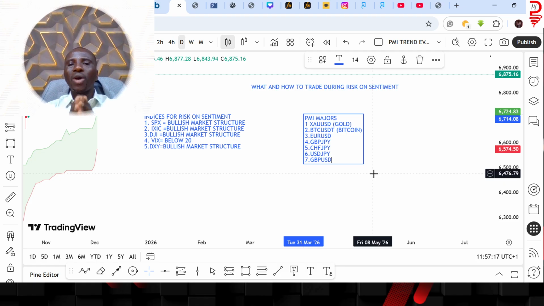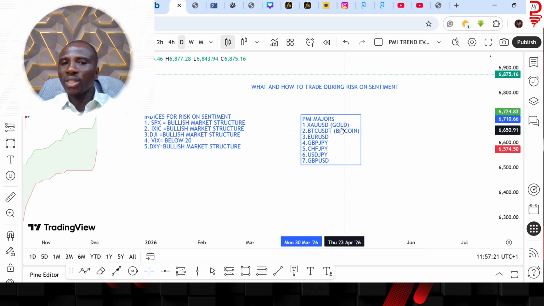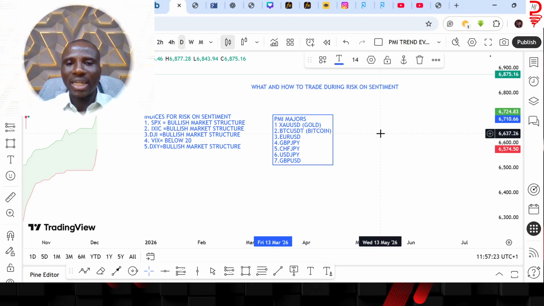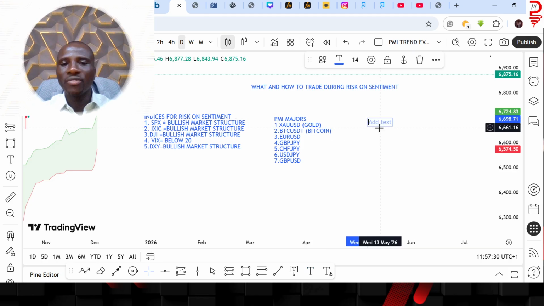These are the major assets that we look at at Potential Miners when we want to begin our capital flow narrative, which means if you have seen the video on capital flow narrative, this is what we do to be able to pinpoint what to trade. A lot of traders are struggling in the forex market because they don't even have a structured pattern or framework of identifying what to trade.